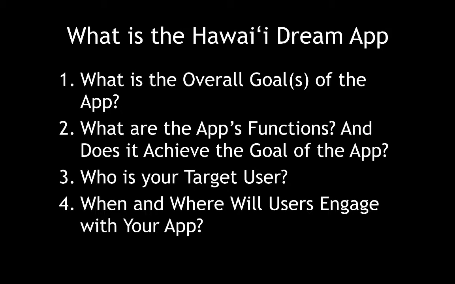The core functions of the app include users can browse places of interest or places to visit in Hawaii. Users can build and save itineraries. Users can take a walking tour. Who is the target user? Our target users are visitors to Hawaii.